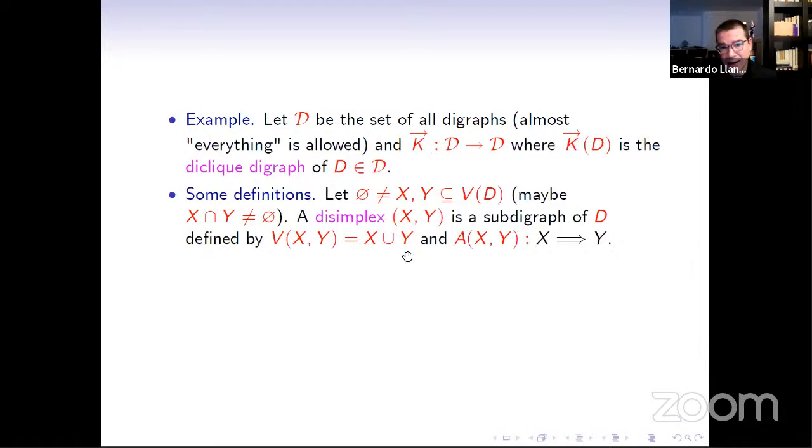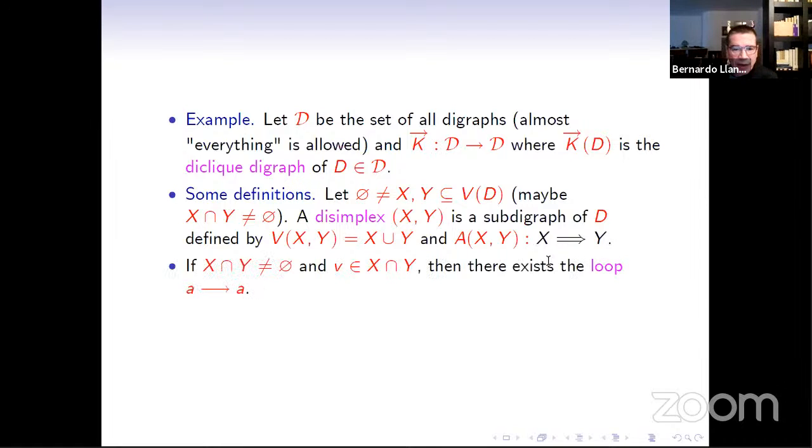The two sets are different, yes, and you take the arrows like the complete bipartite subgraph. For example, of course, we can have loops, but I don't like to mention that now. I will return to this with examples.